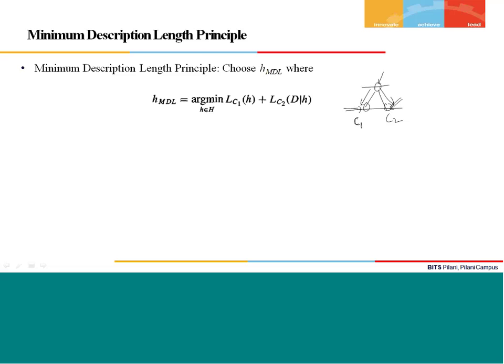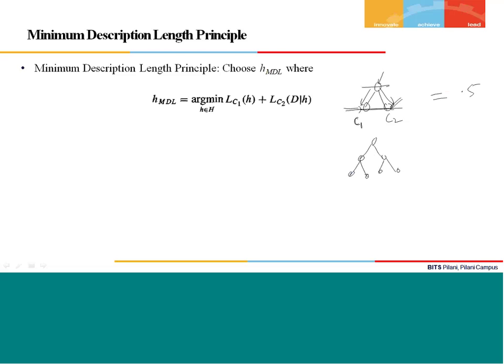If you have a decision tree of this height and you classify some examples, then the accuracy is, let's say, 0.5. If you want to increase this accuracy, you have to increase the depth to get better accuracy.